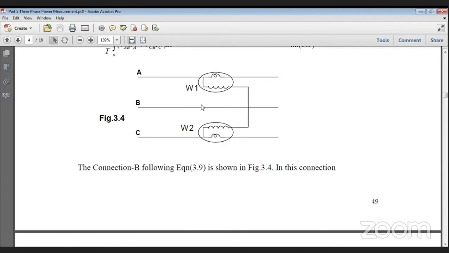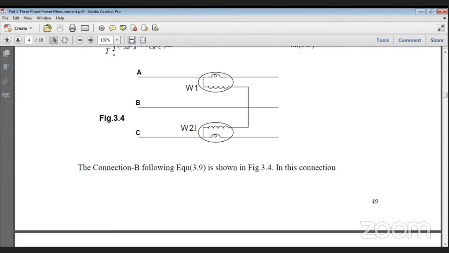Here, actually, there is a convention because wattmeters are made like that. Wherever you make the common point of the potential coil and current coil, the potential difference is measured from this point. That means if you look at W2, the potential will not be BC, it will be CB.